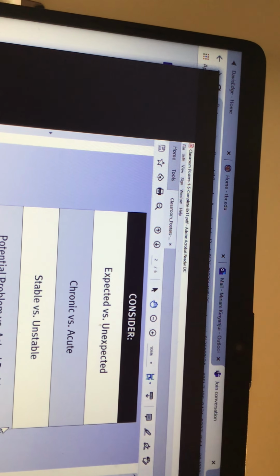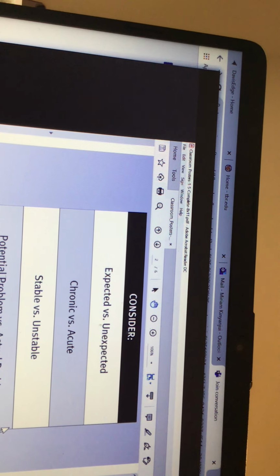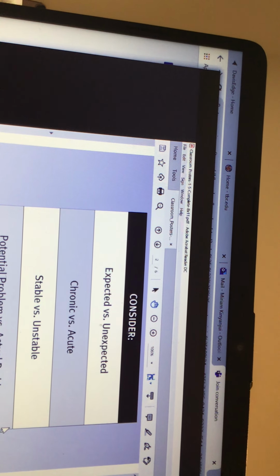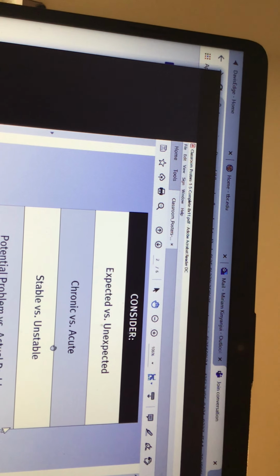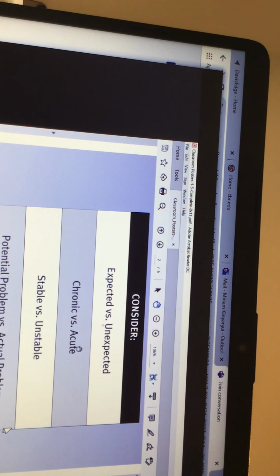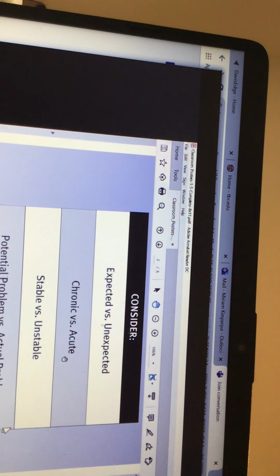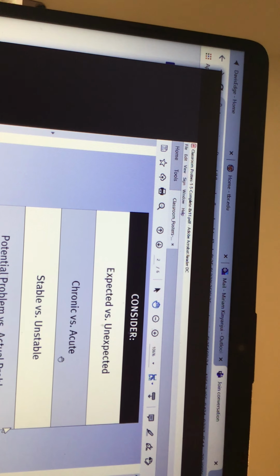You want an actual problem, not a potential, when you're trying to decide who to go to first. You want the one who's the most unsafe versus safe. And you can bring in your ABCs if it helps you decide who is the most acute. Who's having trouble breathing? If somebody's having trouble breathing, that makes them way up to the top.